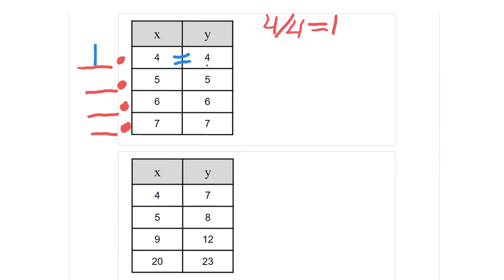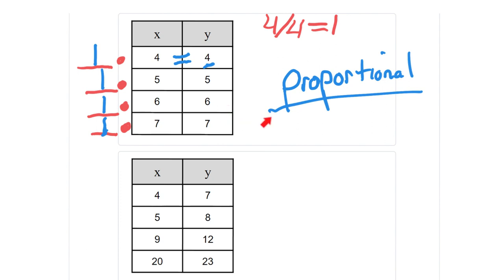So 1 times 4 is 4, and 1 times 5 is 5, and 1 times 6 is 6, and 1 times 7 is 7. This is a proportional relationship. And of course, we could go back to y divided by x, and 4 divided by 4 is 1, and all of these, when you divide them, will give you 1. So this table does show a proportional relationship.